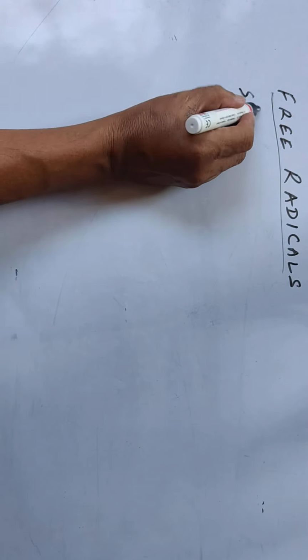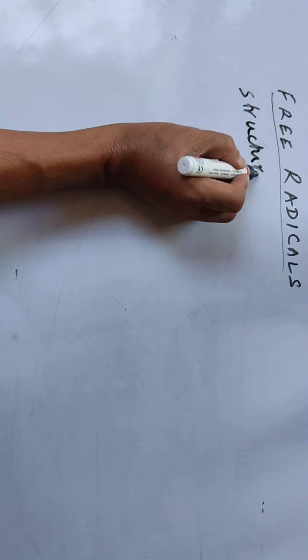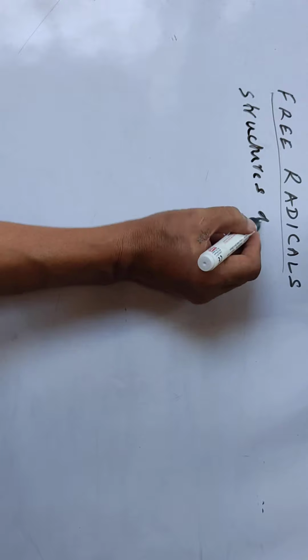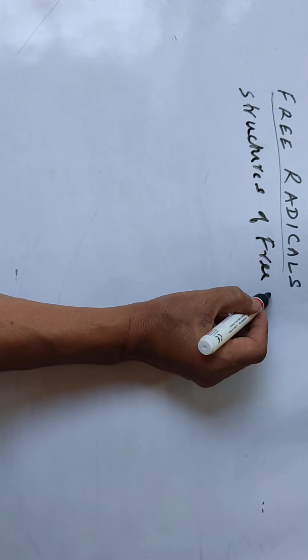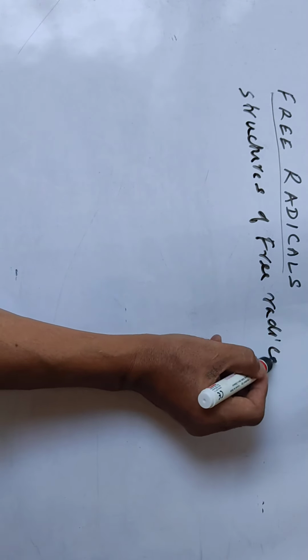Now let us look at the structure of free radicals. Free radicals can have two possible types of structures.